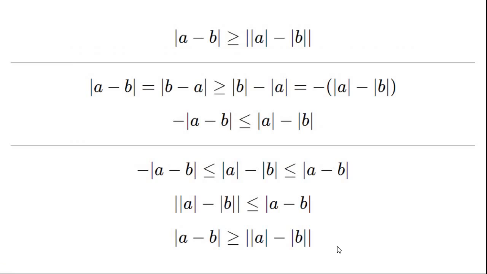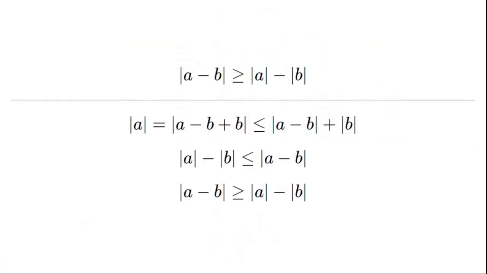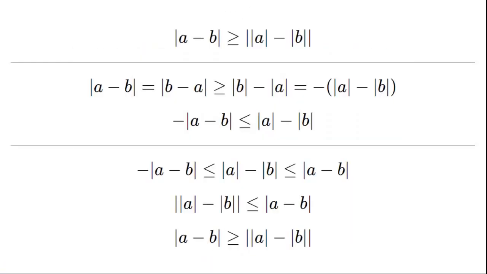The last, or one of the last properties we're going to prove is that the absolute value of a minus b is greater than or equal to the absolute value of a minus the absolute value of b. This looks exactly like the one we proved back here, except there's an extra set of absolute value bars around the right side. So how do we get this? Well, we start with the absolute value of a minus b. We know already that that's equal to the absolute value of b minus a.